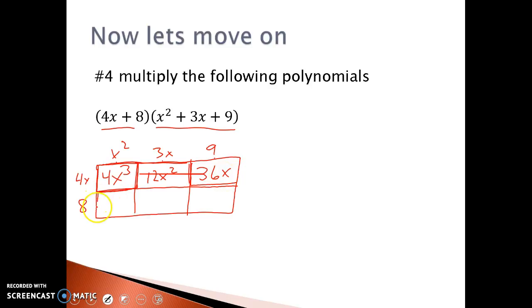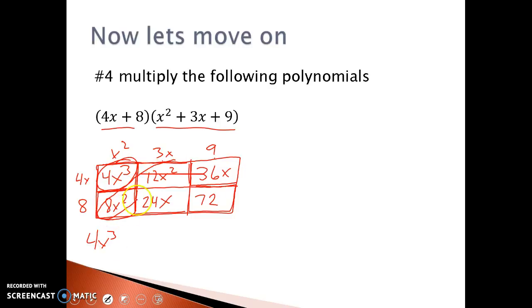If I do the bottom 3 rectangles, this area right here is going to be 8 times x squared, which is 8x squared. Then I'm going to take 8 times 3x, which is 24x, to find the area of this rectangle. And then this bottom right rectangle is going to be 8 times 9, which is 72. So if I combine my like terms, I have one that is 4x to the third.